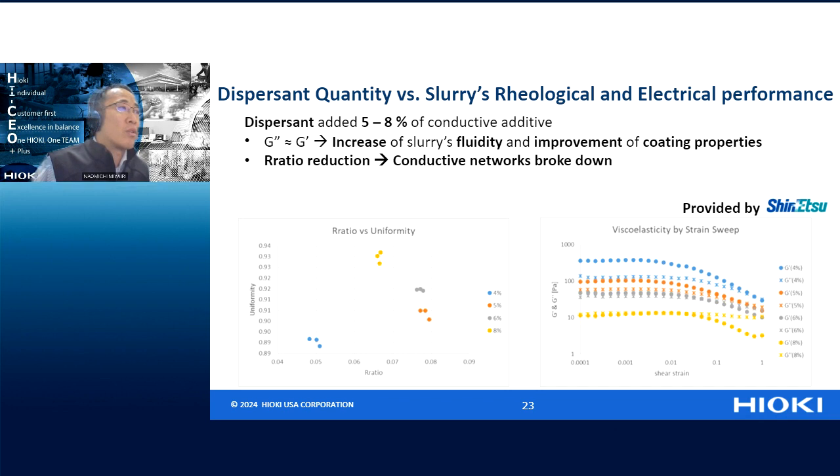And looking at our ratio uniformity results, our ratio reduced. So from these results, we assume the conductive networks are broken down by adding too much dispersant.